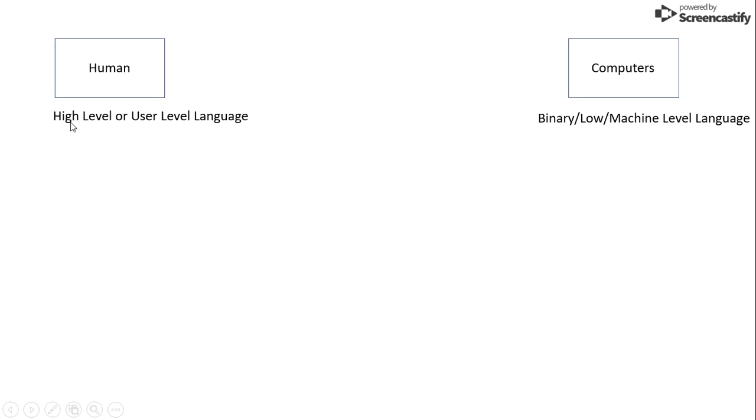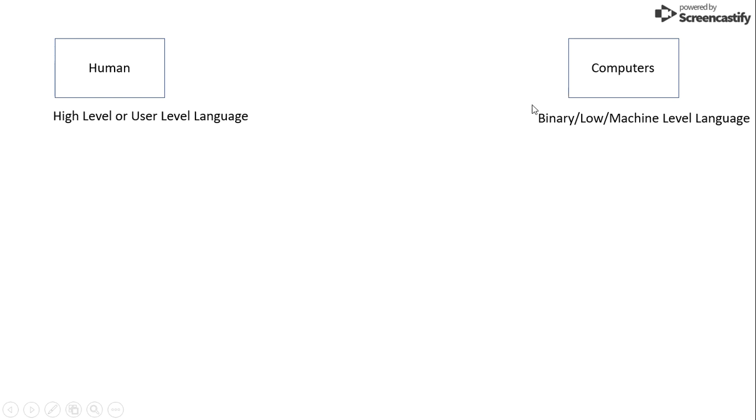The problem is that we humans won't be able to understand binary language, so we needed a language which will be called high level language or user level language. But on the other hand, the computer says that it will only understand binary, low level, or machine level language. So a gap arises between the sender and receiver.